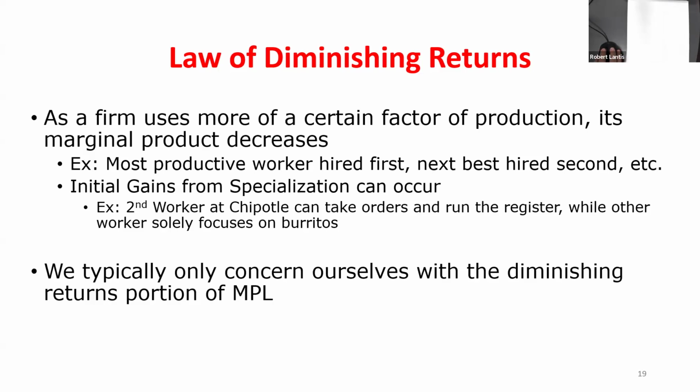Now, the interesting thing with our decision making is, once it starts to fall, what is the last worker where the additional output added is above the additional cost? So we know that the point that we stop at in terms of how many workers we hire will always be on that diminishing portion of the marginal product of labor curve. But we still do have this.